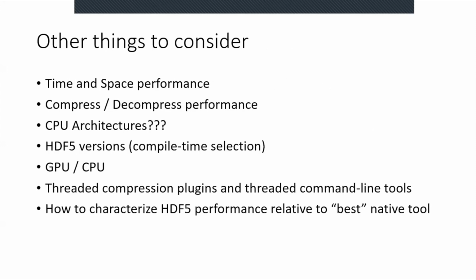Other things to consider, obviously, again, time and space performance. A lot of people, I think, look at time performance, and that's really important, but more and more we need to be looking at space performance of our software. Obviously, we want to test both compression and decompression. I don't know if we want to be too concerned about CPU architectures. I see that a lot in the standard compression benchmarking pages for things like gzip.